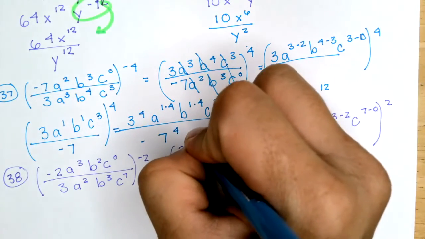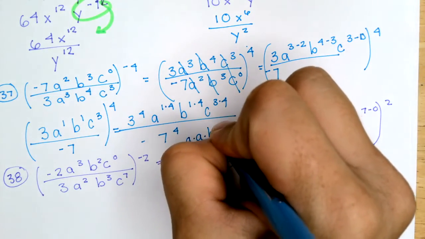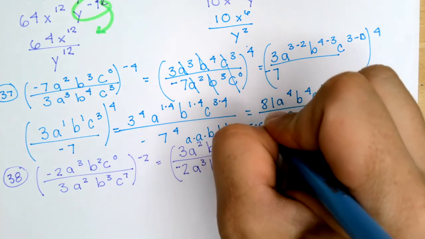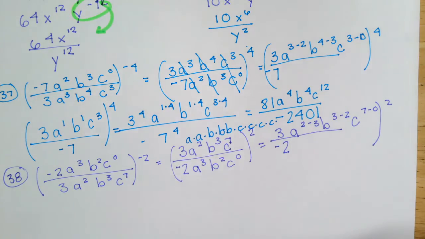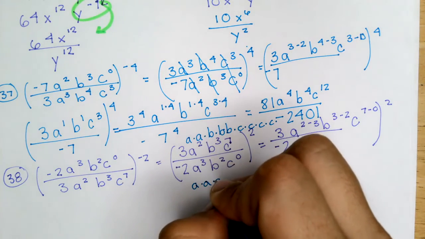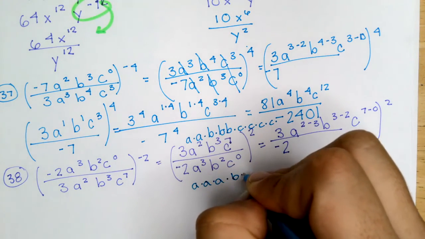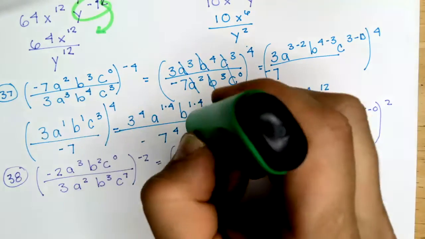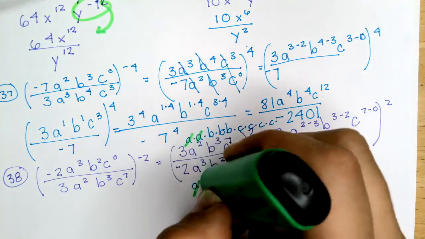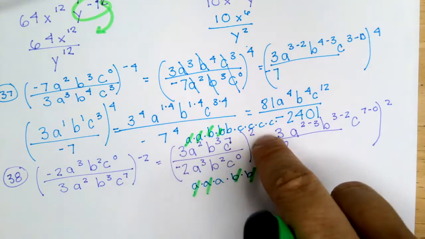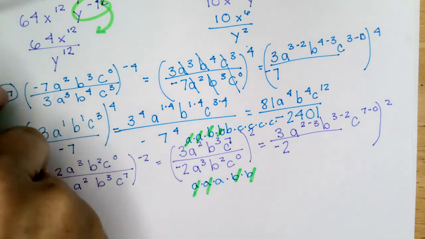So this would be a times b times b times b times 7 c's. And then this would be a times a times a times b times b. And then you can cross cancel them out, right? So that would be 1a down here, 1b up here, 7 c's up here.